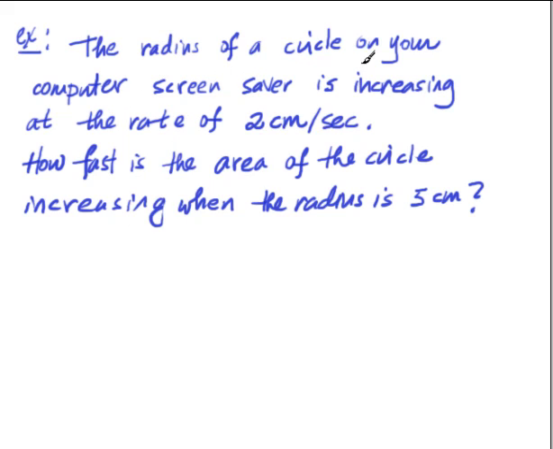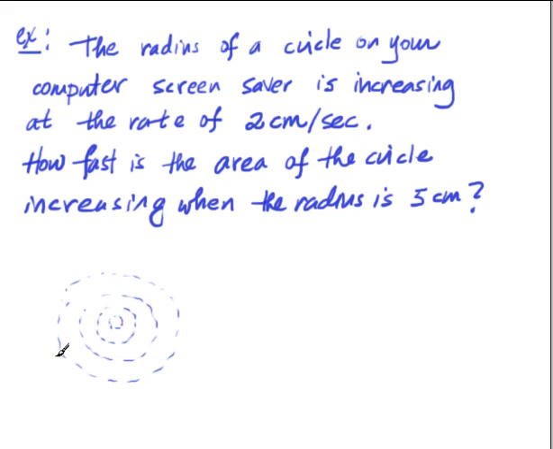It says the radius of a circle on your computer screensaver is increasing at the rate of 2 centimeters per second. So what we're picturing is a screensaver with a circle that's sort of growing. It keeps getting bigger and bigger on your computer screen, some circle that's spreading out.